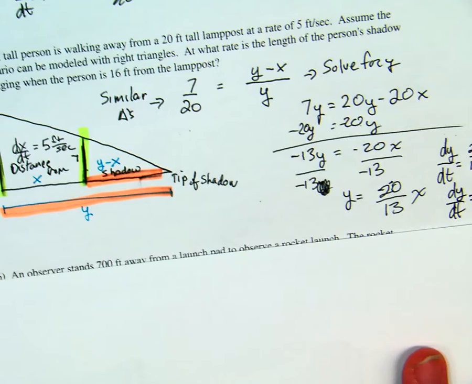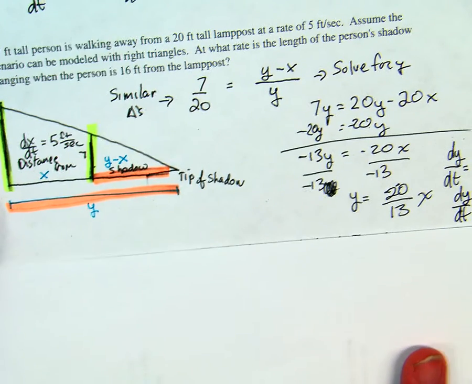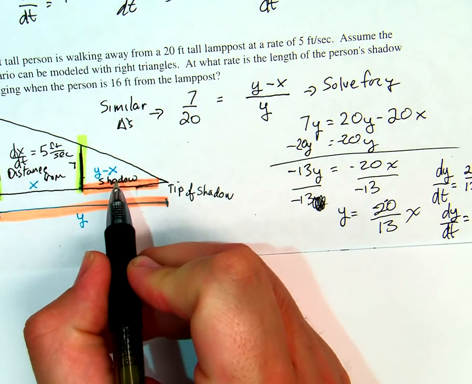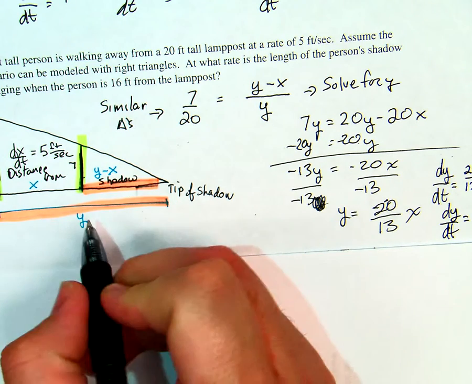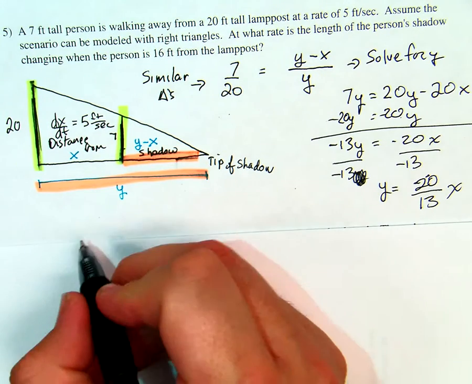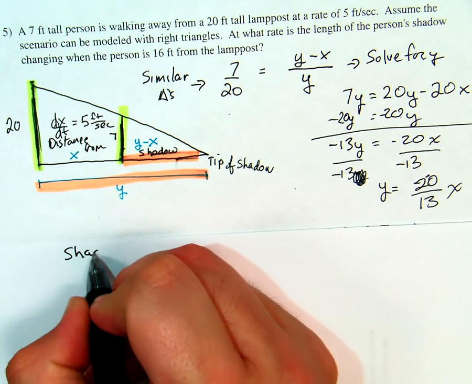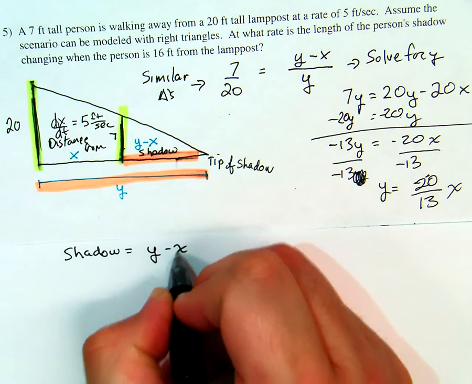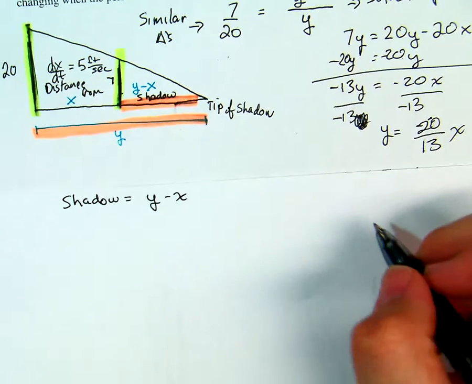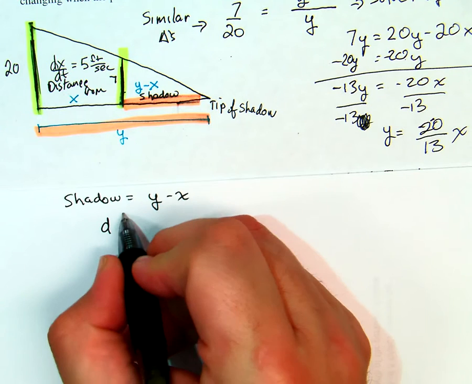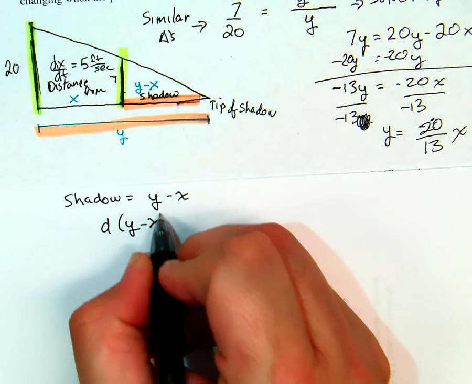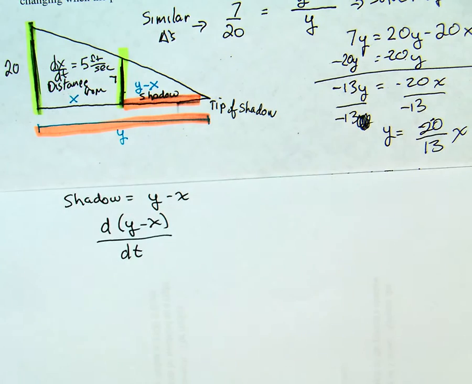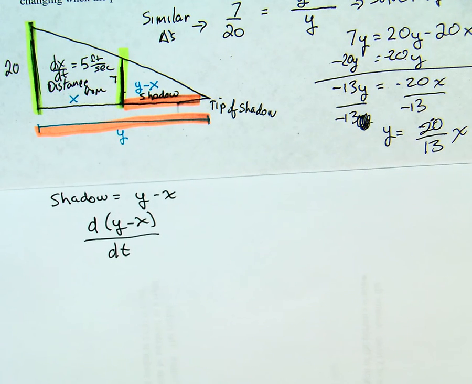So the shadow is equal to y minus x. I want to take the derivative of the shadow to find the rate of the shadow, which will end up being dy dt minus dx dt.